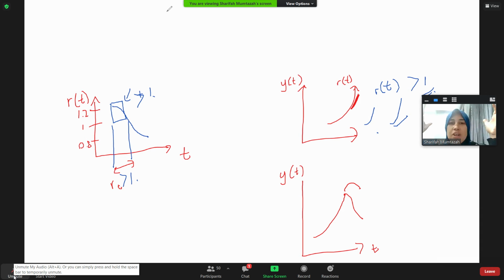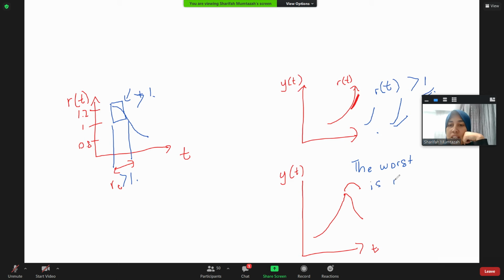What does it mean here? It will keep increasing until it reaches the maximum point and then it will go down again. Yes, it means the worst has yet to come. It will take some time before it peaks, before it reduces.